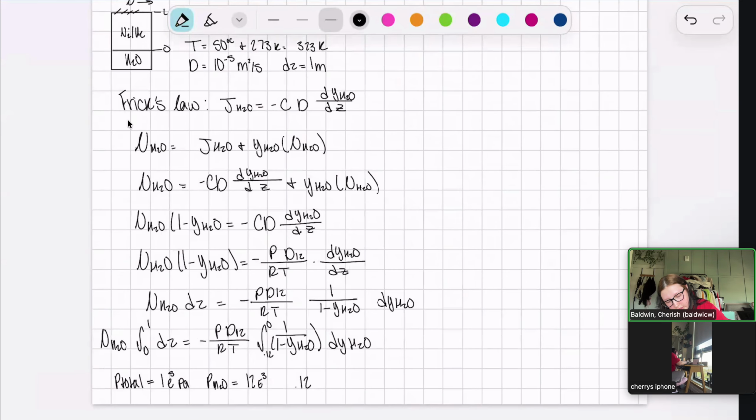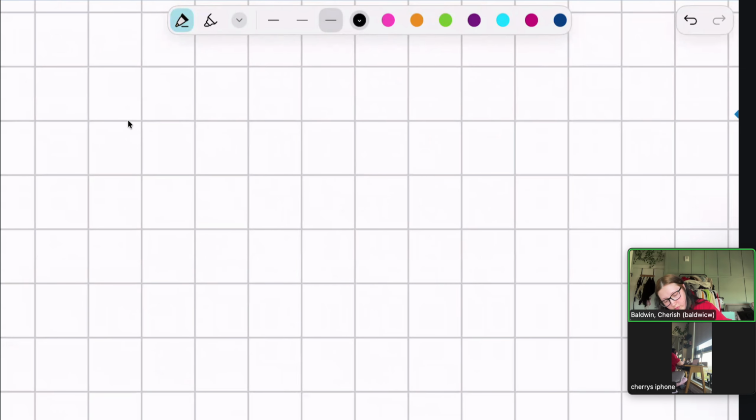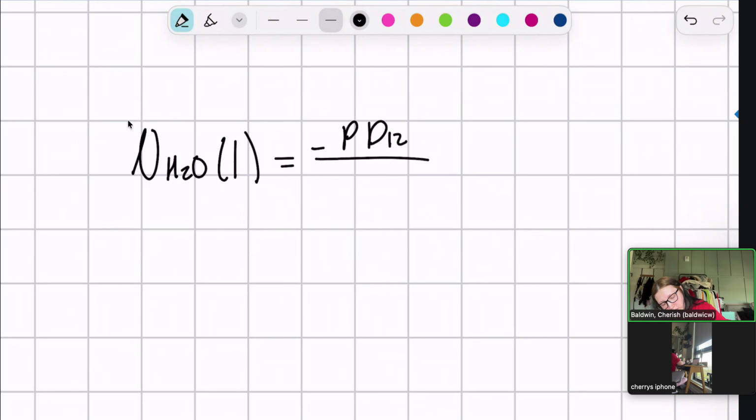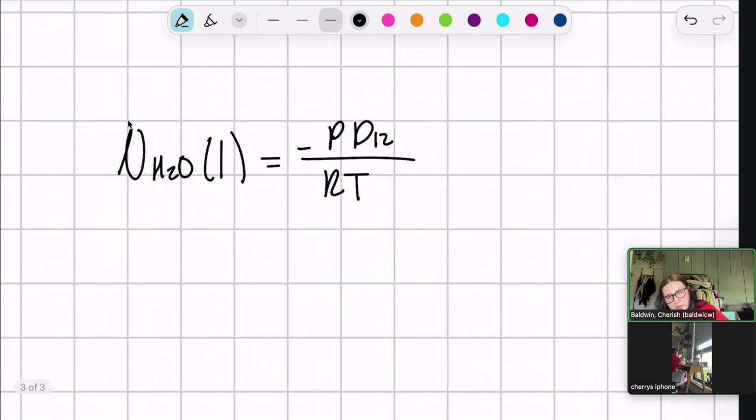So now we integrate, and it becomes N H2O times 1 equaling negative P D12 over RT, and we know the integration of 1 over something is the natural log of 1 over 0.88. All right. And now we just fill in.